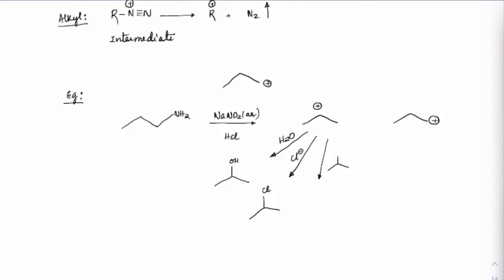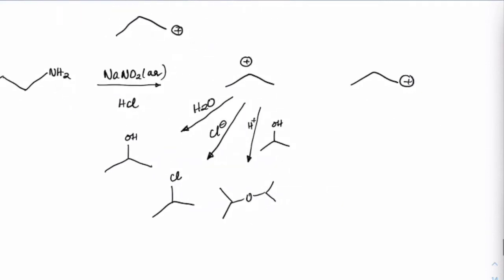So this carbocation might again react with this alcohol to form ether, because it is in acidic medium, guys. It is in acidic medium, so H plus can act on that, so we might get an ether also.